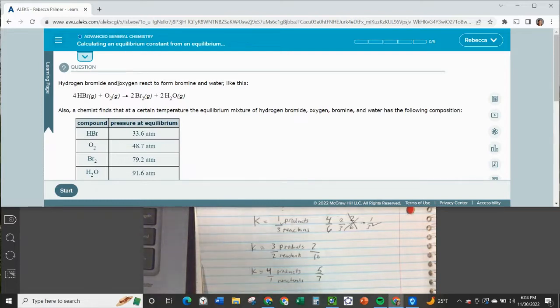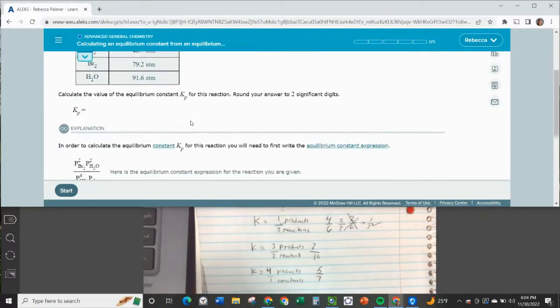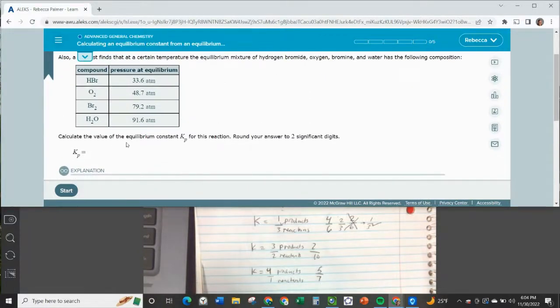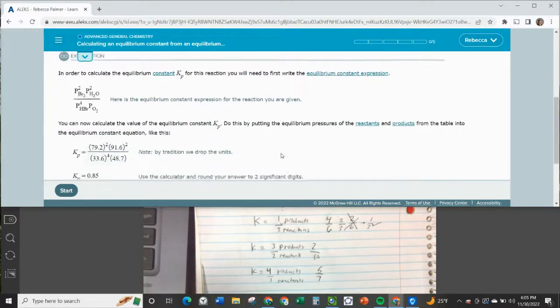So this one says hydrogen bromide and oxygen react to form bromine and water like this. So we have our chemical equation. Also, a chemist finds at a certain temperature the equilibrium mixture of hydrogen bromide, oxygen, bromine, and water has the following composition. Calculate the value of the equilibrium constant for this reaction. Round your answer to 2 significant digits.